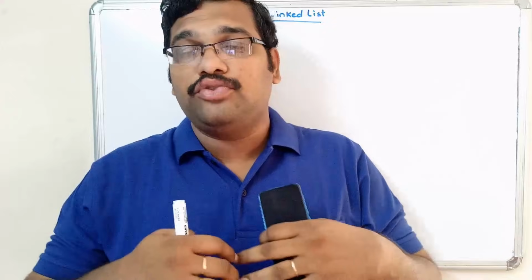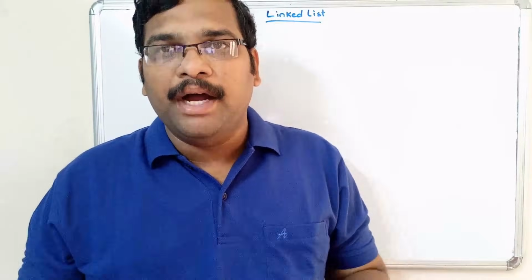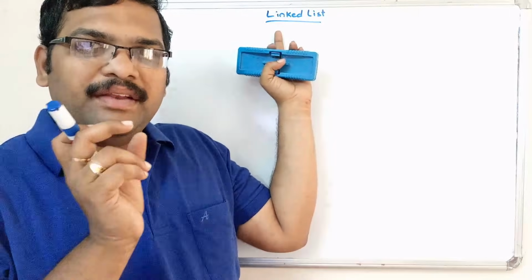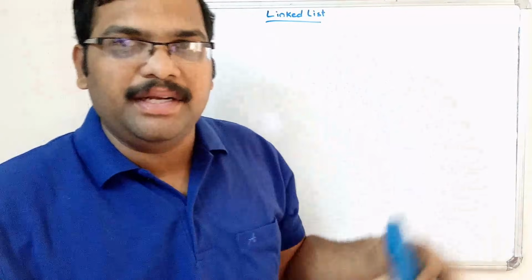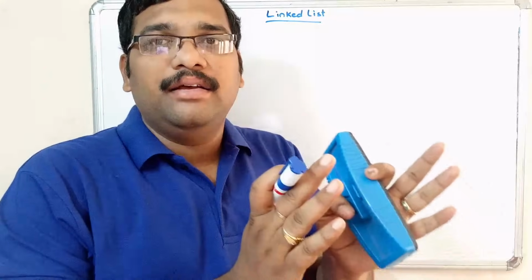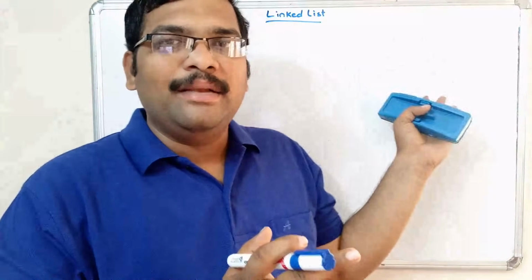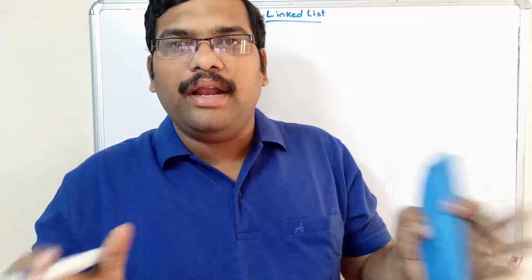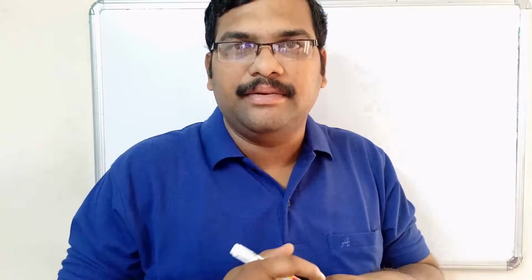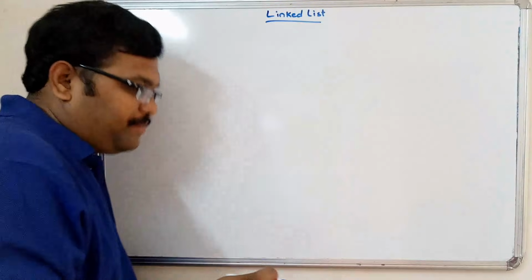The elements can be stored in any location, but as the name itself indicates, there will be a link between one element and the other element. So we have to establish a link between one element and another element. That's why these elements are not required to occupy contiguous memory locations. Right.